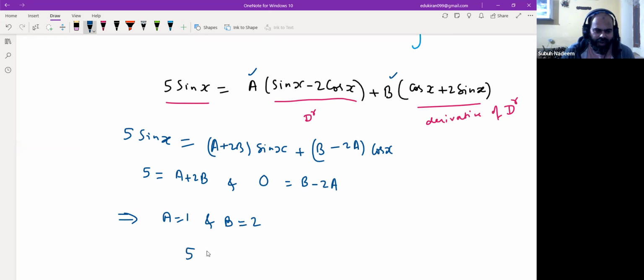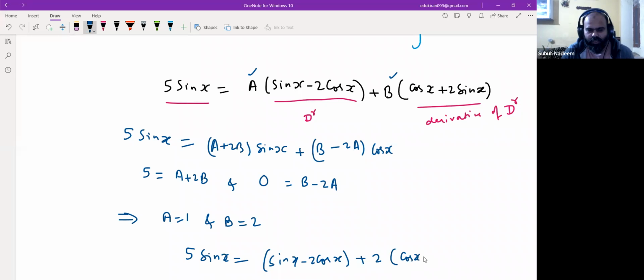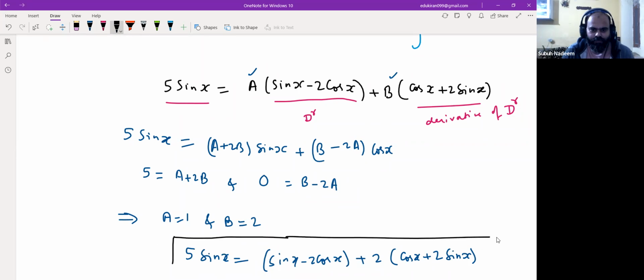So you can write 5 sin x as (sin x minus 2 cos x), as a is 1, and b is 2, plus 2 times (cos x plus 2 sin x). You can check also, if you simplify this right hand side, will you get the left hand side? Yes.